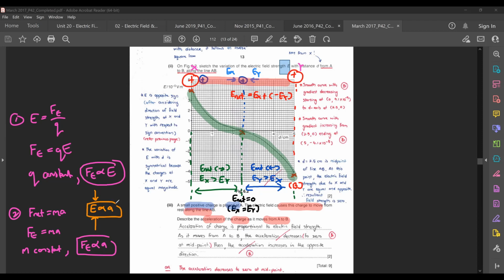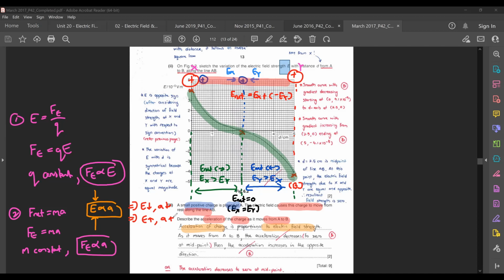Okay, so with that in mind, the first thing you could say is that the acceleration of your charge is going to be proportional to your electric field strength. So what this means is this. If your E drops, your acceleration obviously drops. If your E increases, your acceleration obviously will increase, right?